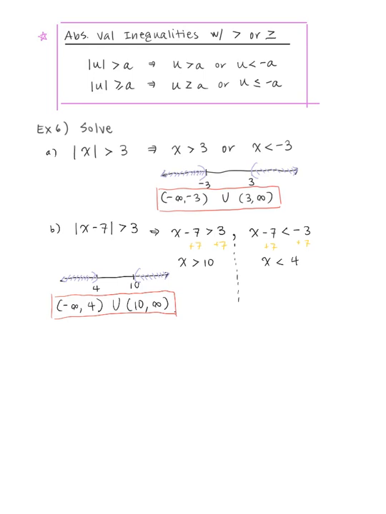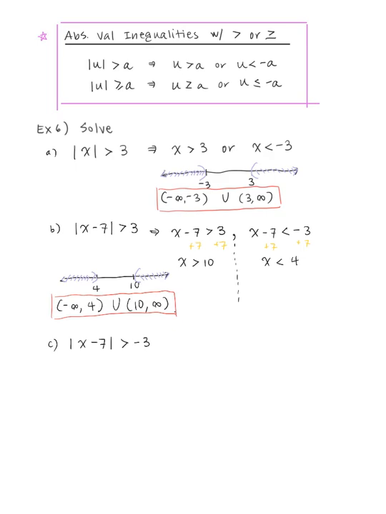Okay, let's look at something very similar. Let's go with absolute value of x minus 7 is greater than negative 3. Now let's take a look at that. Before you do anything, think about it. This is telling us that the absolute value of something is always going to be strictly greater than negative 3.